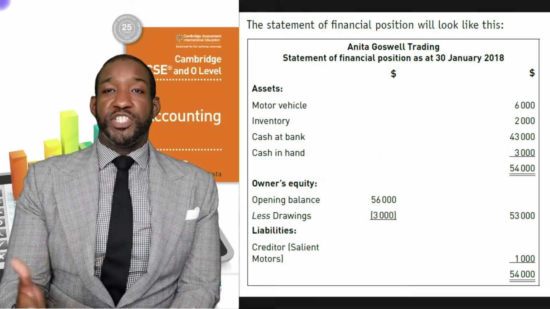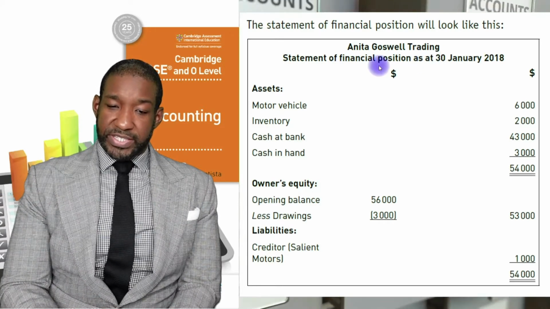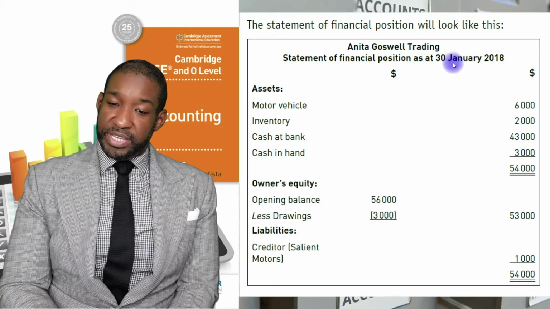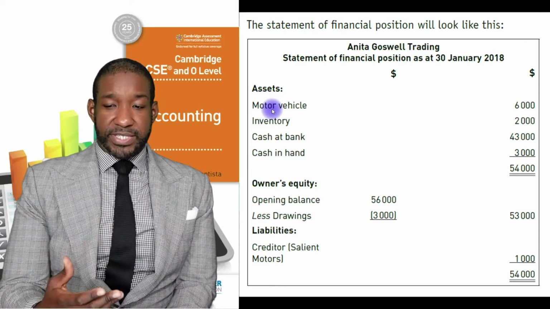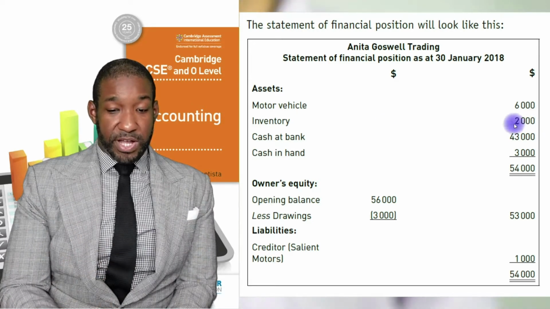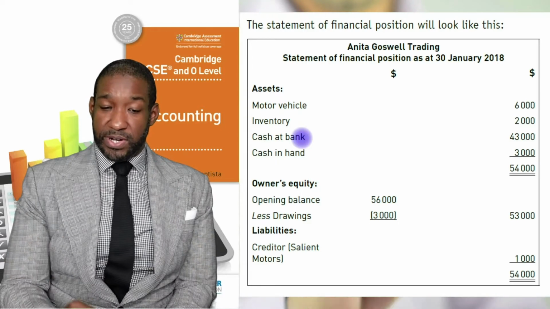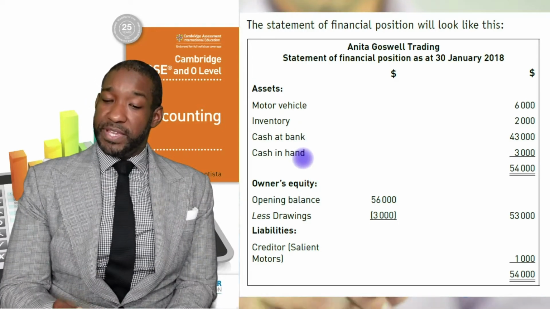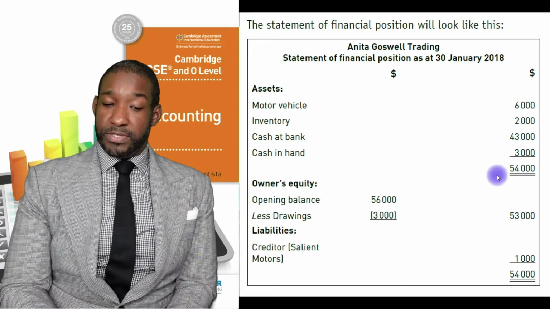So the statement of financial position will look like this. We have Anita Goswell Trading statement of financial position as at 30th January 2018. Assets: motor vehicle still costs $6,000. Inventory is still at $2,000. Cash at bank has decreased to $43,000. Cash in hand is still $3,000, but now total assets are $54,000.